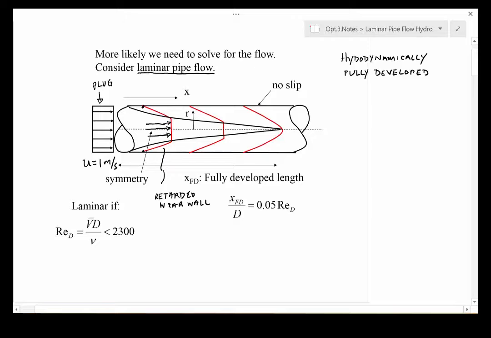That region gets smaller and smaller until at some point there's no longer a change in the profile as we go downstream. So in the momentum or hydrodynamic problem, being fully developed means that the velocity profile no longer changes downstream. That is, du/dx is equal to 0.